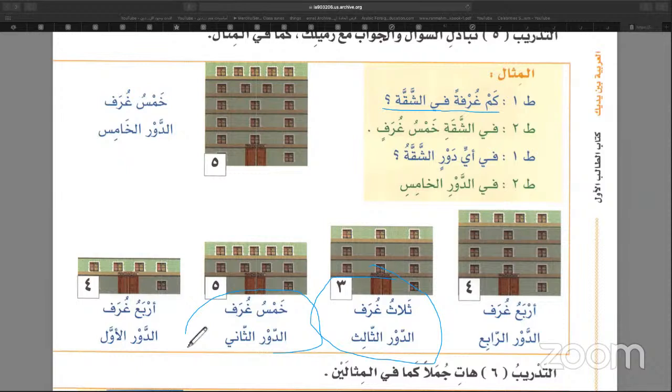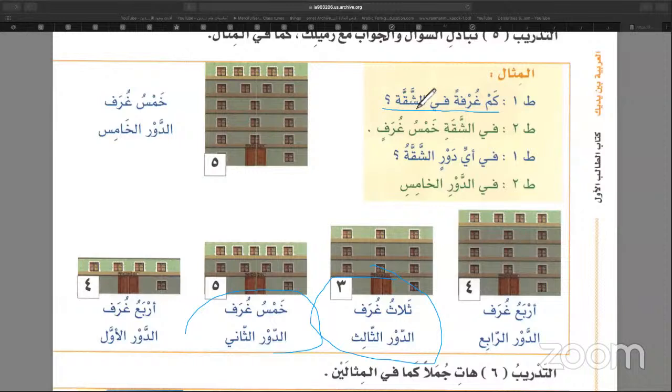كم غرفة في الشقة؟ Go ahead, Amira. You say the sentence, say the meaning, then you move on to the next one, okay? I can't remember the meaning of that one. كم, how many? غرفة, rooms, how many rooms? In, في, الشقة, the apartment.